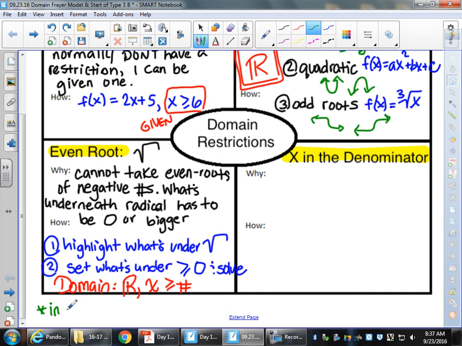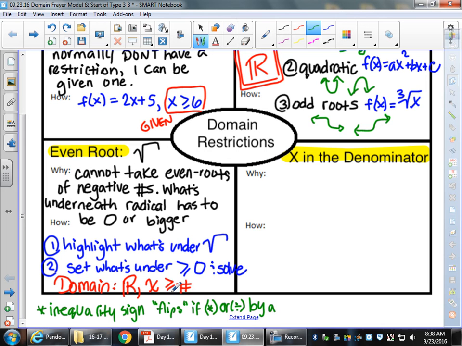So if you can, fit that on the side or on the back. Inequality sign flips if you multiply or divide by a negative.